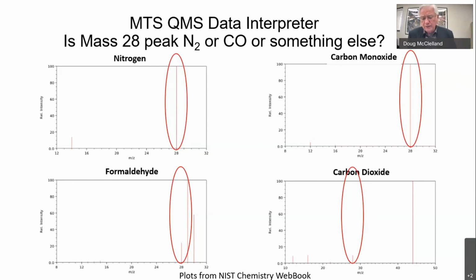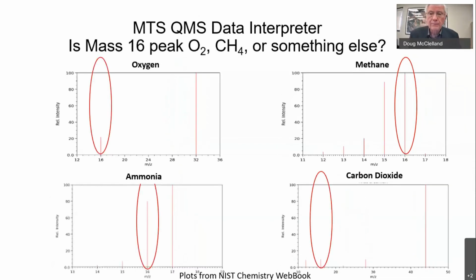So all of these need to be corrected. And in our matrix of mathematical corrections to the ion currents, this is all done in real time as we gather the data.